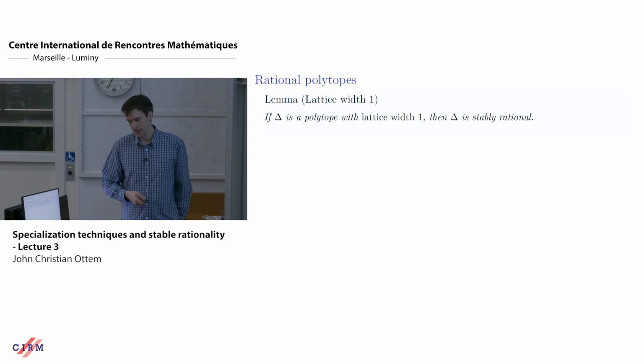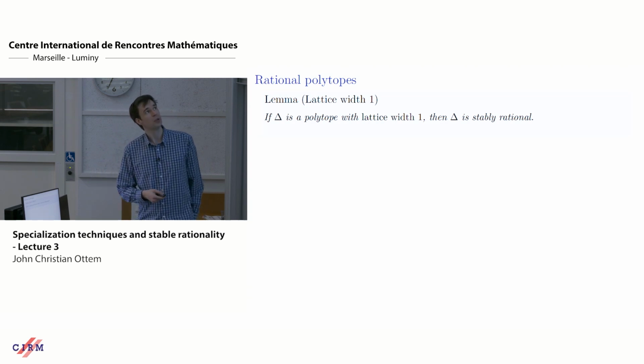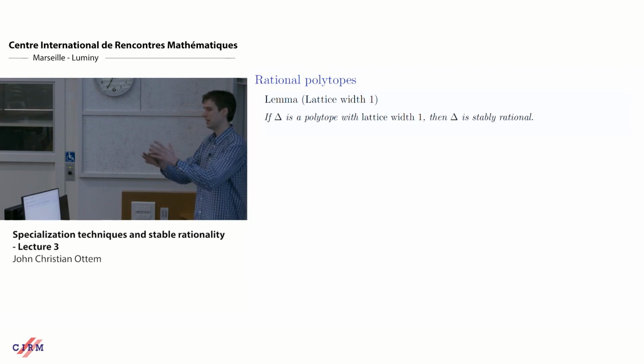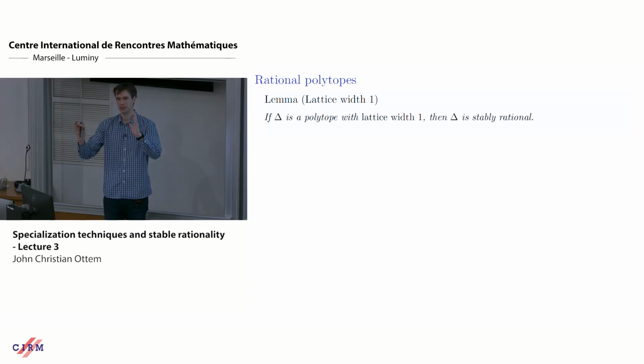Okay, so those were stably irrational, but what about rational polytopes? Here's a very simple, useful lemma. If you have a polytope with lattice width 1, that means that I can find a linear change of variables so that the polytope is contained between a hyperplane and its translate by a hyperplane.